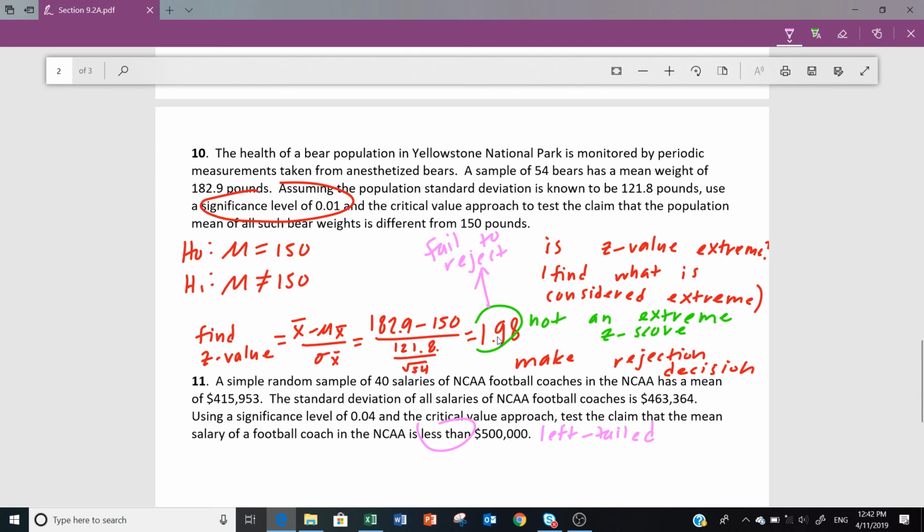Negative 1.14. If it's negative, please type it, and the rest of it.